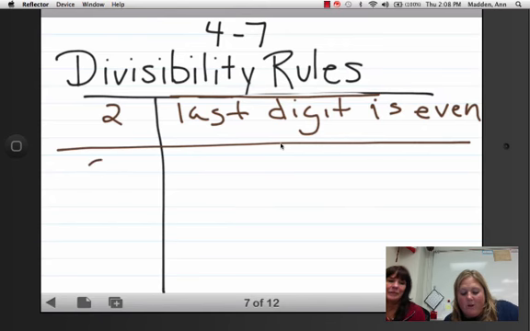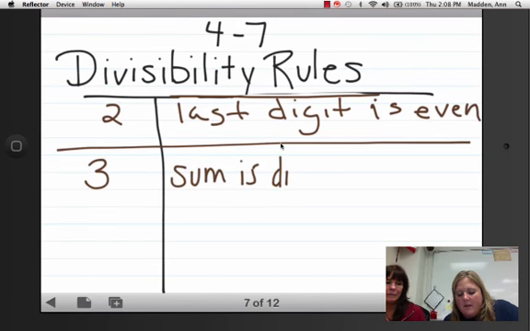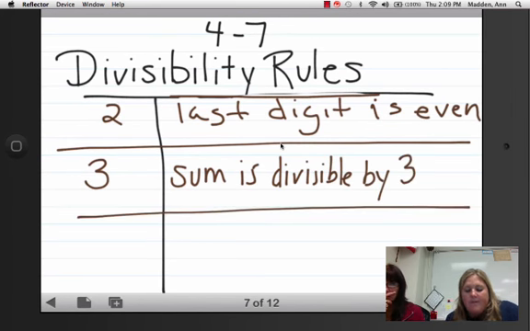3, our rule for 3, remember, is the sum of the digits is divisible by 3. Rule 4.